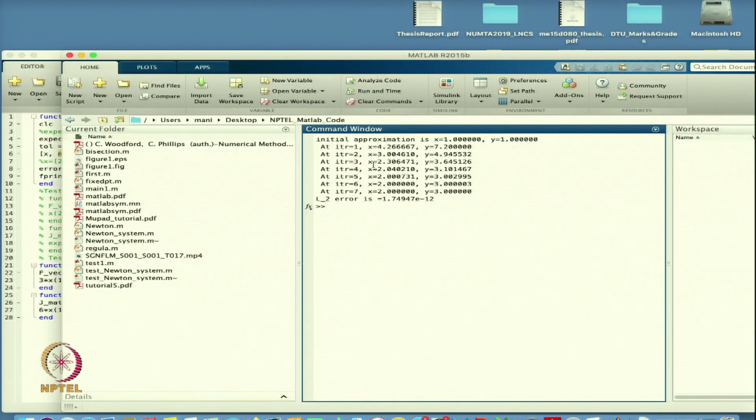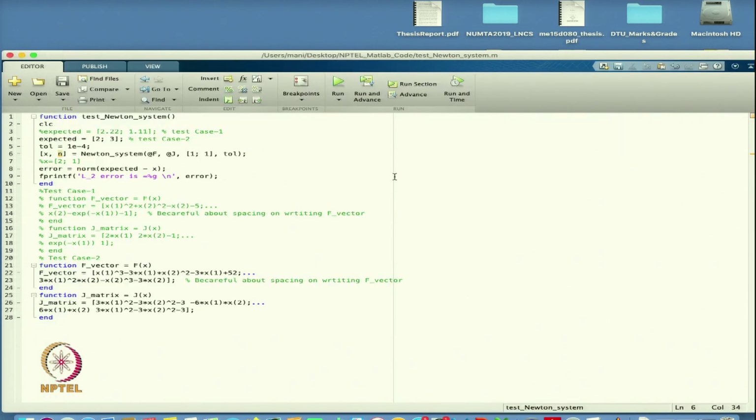Based on the initial approximation 1 1, after the 7th iteration we are getting my root 2 3, and because in this case we already know the exact value of the root, that is 2 and 3, you can see that the L2 error is very small, 10 raised to the power minus 12. So, after 7 iterations our root is very close to the exact value, it is converging very fast.